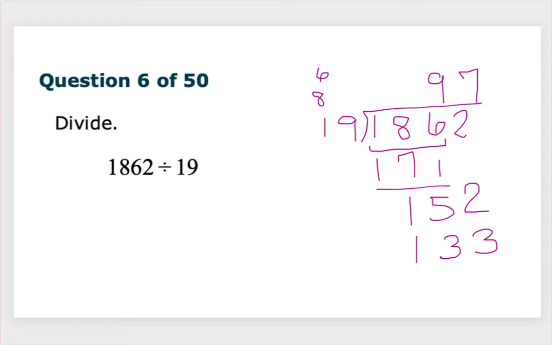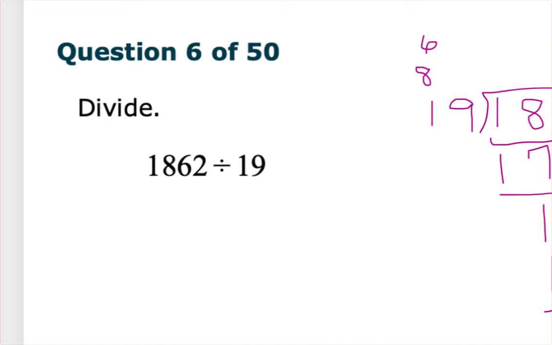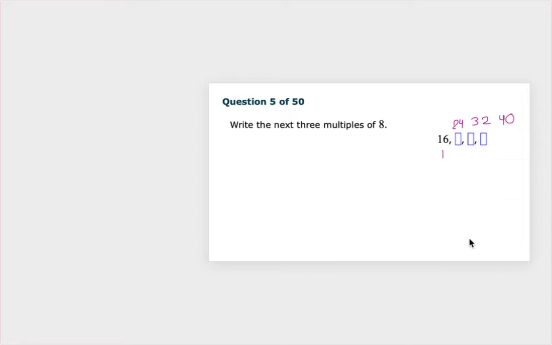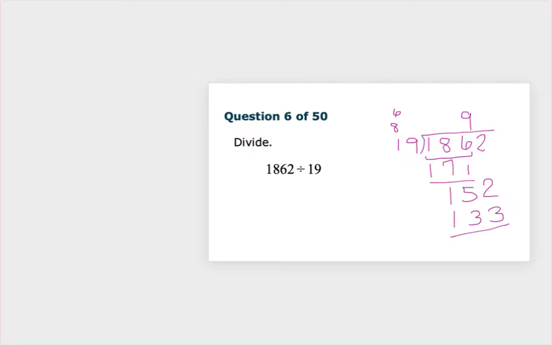Now look what we have. If we subtracted this, we're going to get a 19. So I was 1 shy. So we're just going to bump this up to an 8. That was not supposed to happen. See if I can get this back where it's supposed to be.